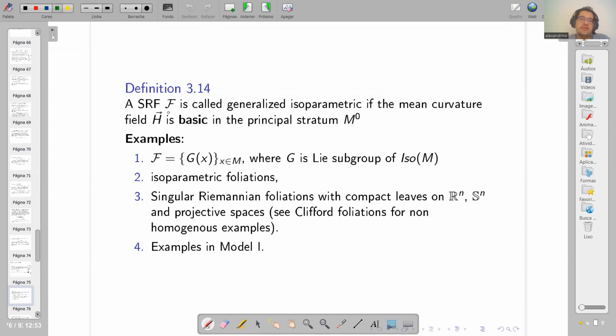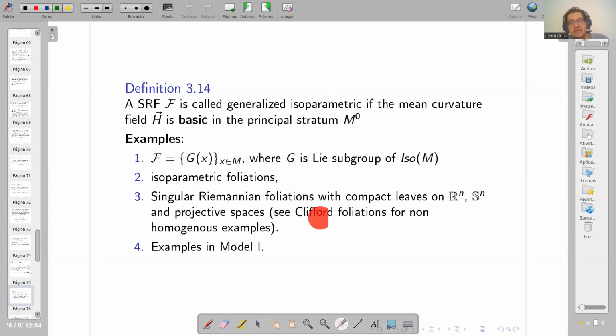A singular Riemannian foliation we'll call a generalized isoparametric foliation if the mean curvature vector field is basic in the principal stratum. This is sufficient to work with it. And the first examples that you should have in mind are orbit partitions of isometric actions, isoparametric foliations, polar foliations, that are generalized isoparametric foliations.